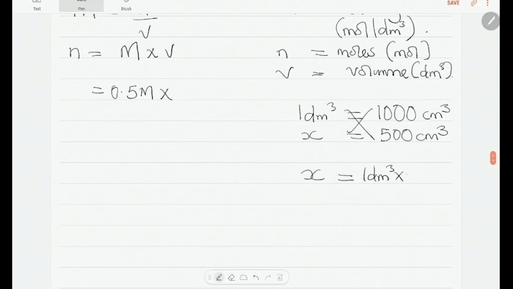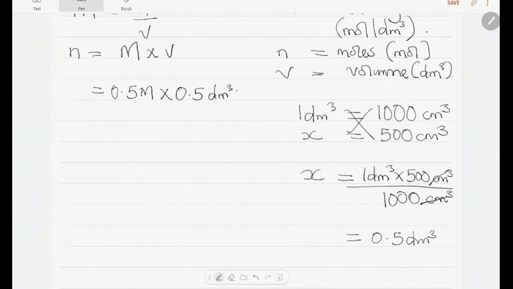So 0.5 molarity multiplied by 0.5 decimeter cubed. So we convert the molarity to the actual units, which are equivalent to mole per decimeter cubed. So this will be equal to 0.5 mole per decimeter cubed multiplied by 0.5 decimeter cubed.